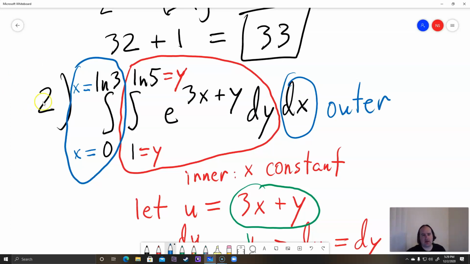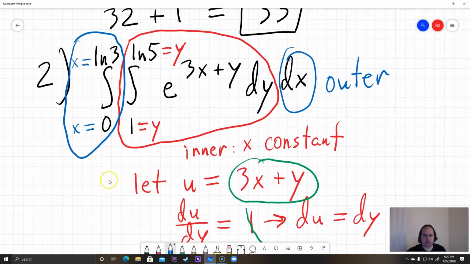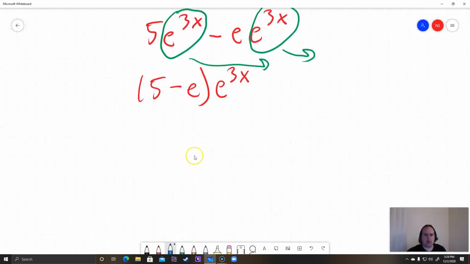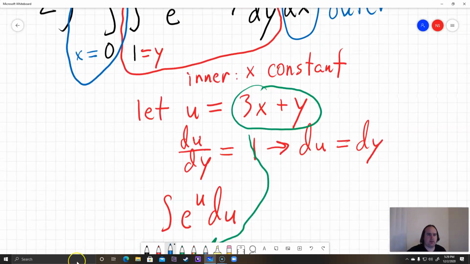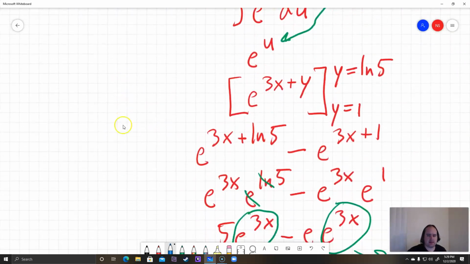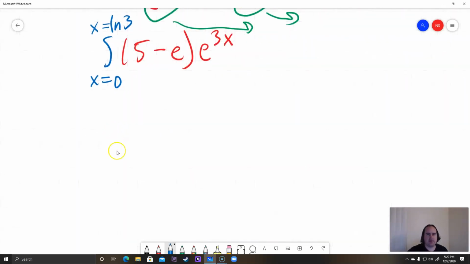And that's going from x equals 0 to x equals ln of 3. So now we're going to go ahead and do that here. So we're doing the outer integral from x equals 0 to x equals ln of 3 of 5 minus e times e to the 3x dx, because our outer integral was dx.